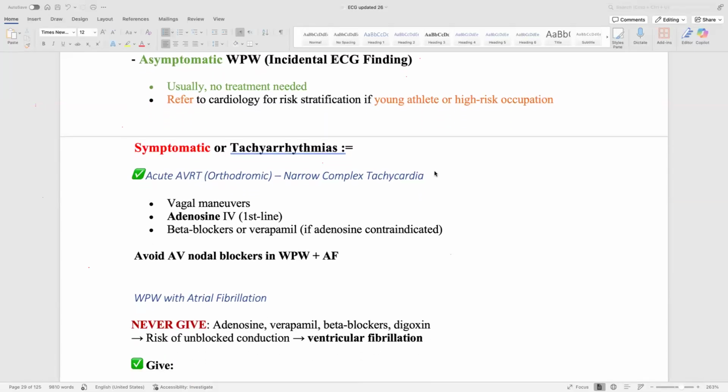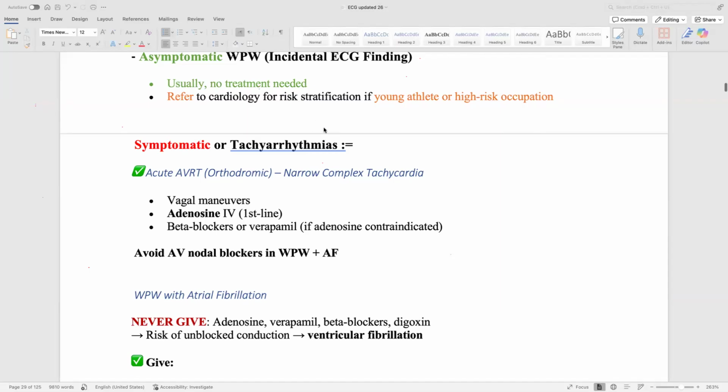If he is an athlete, or an air captain, then you need ablation. High risk occupations: pilot, air captain, ship captain, divers, high level athletes. We can refer those kinds of patients. Otherwise, asymptomatic WPW, no need.